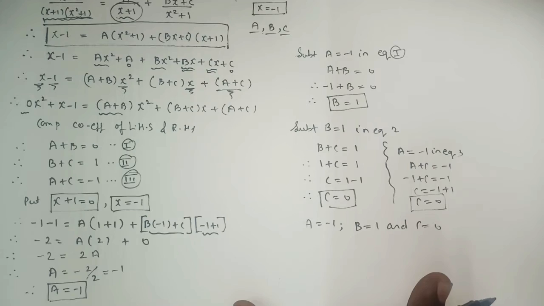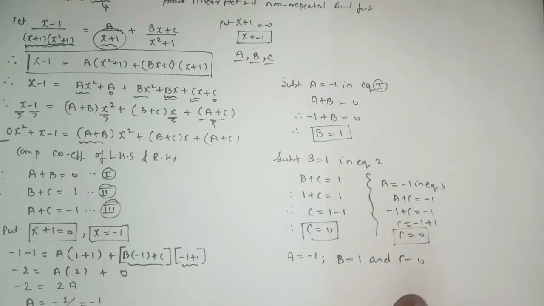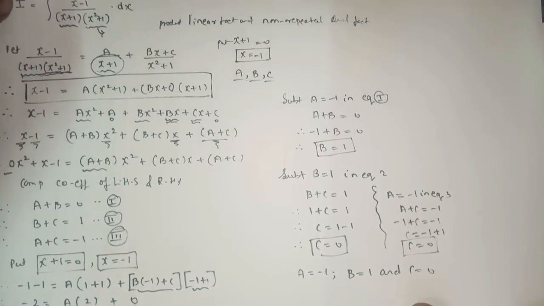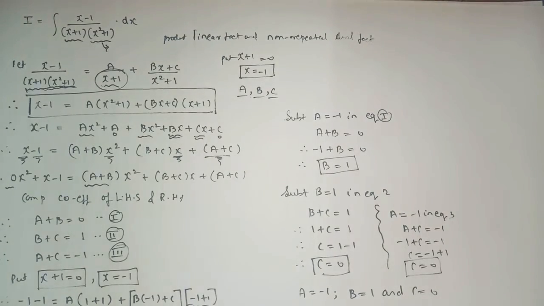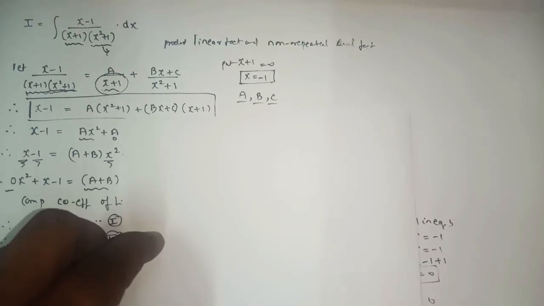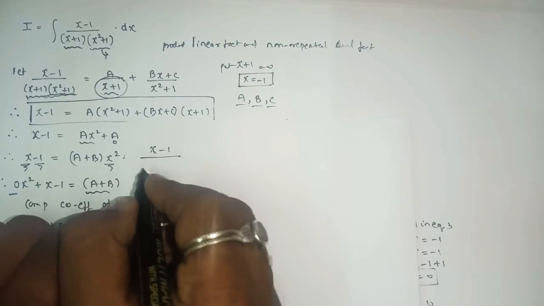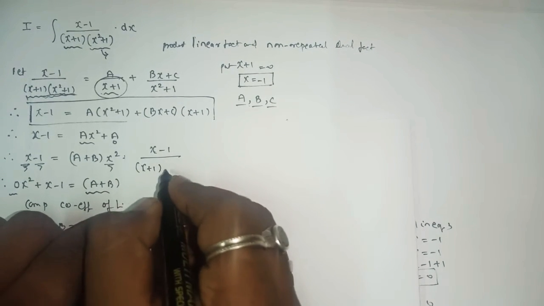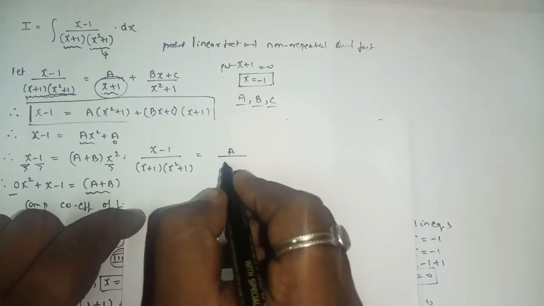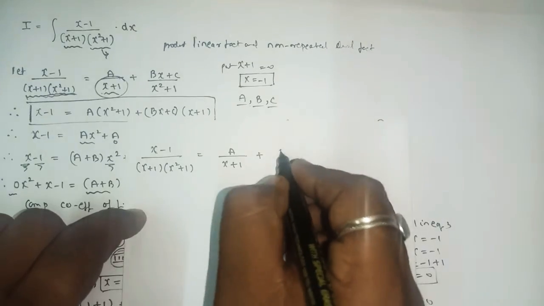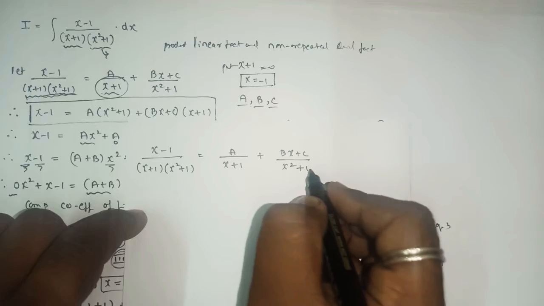So here we got the value of A as minus 1, B as 1 and C as 0. Now we know that x minus 1 upon x plus 1 into x square plus 1 can be written as A upon x plus 1 plus bx plus c upon x square plus 1.